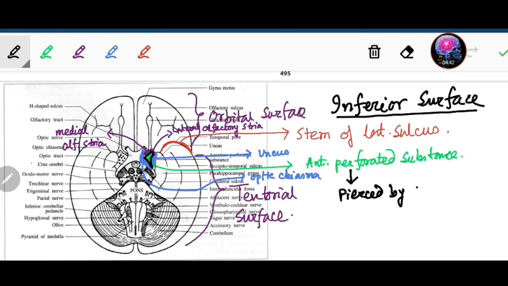So that is about the anterior perforated substance.